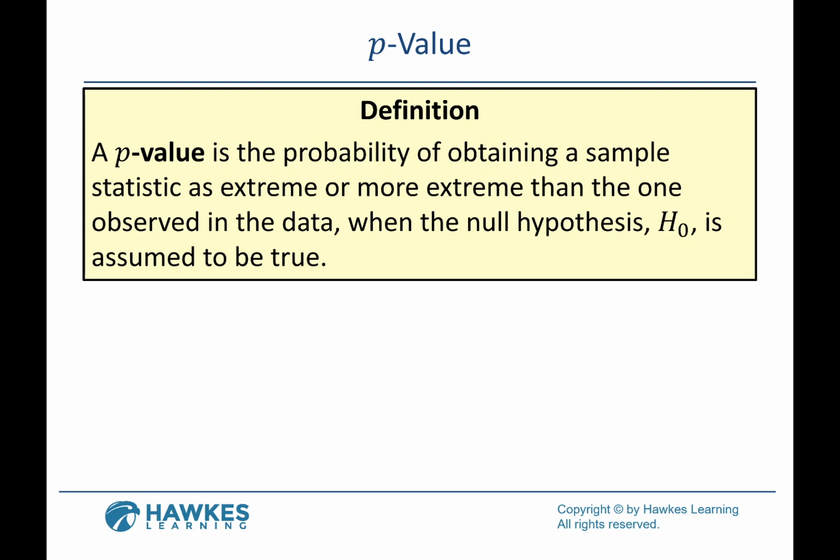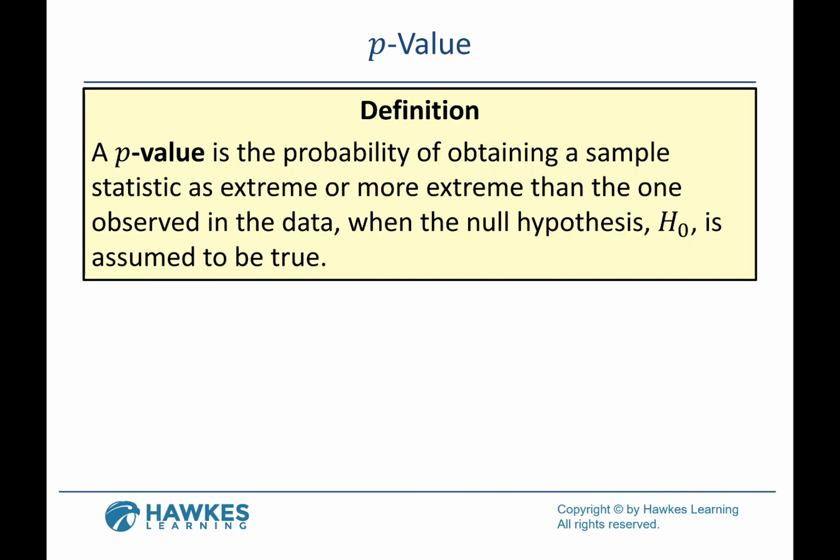Our definition tells us a p-value is a probability, and it's the probability of obtaining a sample statistic as extreme or more extreme than the one we got from our data when the null hypothesis is assumed to be true.